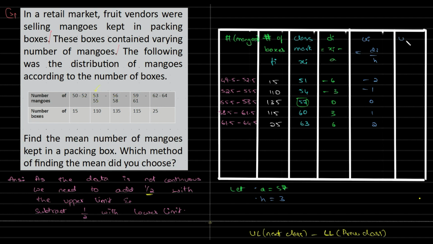Now multiplying this is a bit easier. So minus 30, minus 110, 0, 115, 50. The sum is 20, and this is 5, so 25. I hope you understood how I did that.